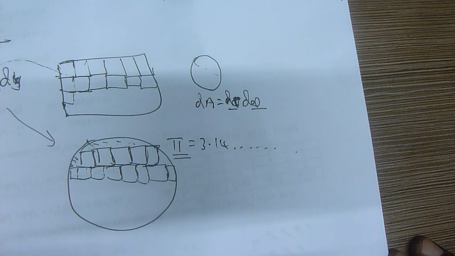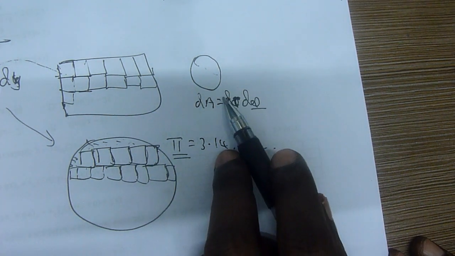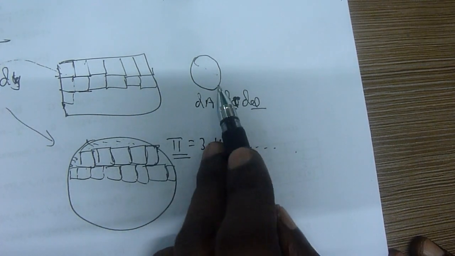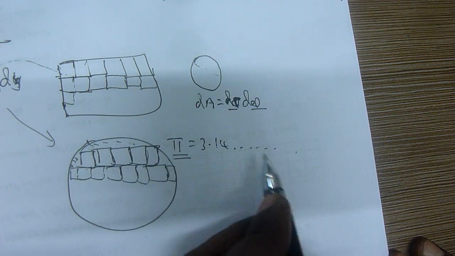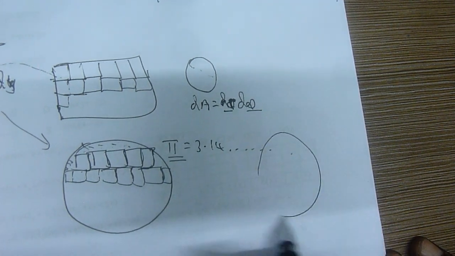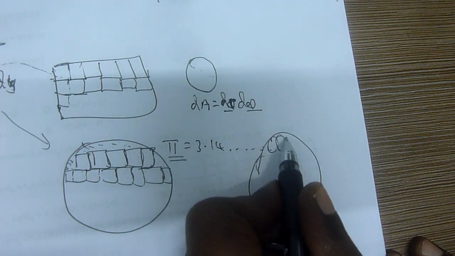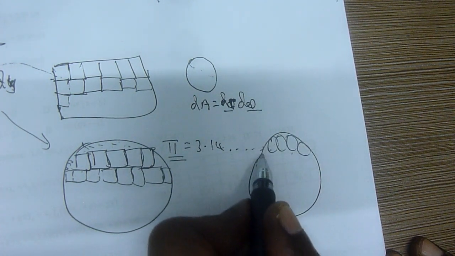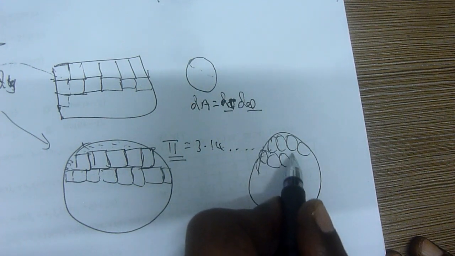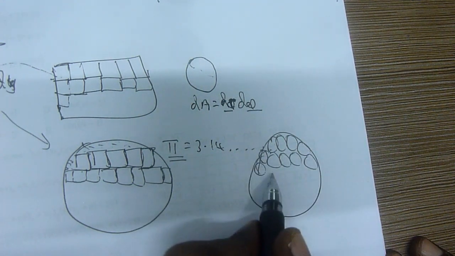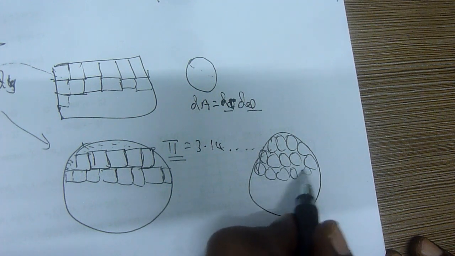When you start placing, especially with a circle, imagine you place the circle here, then at least you are getting a different accuracy. We are compromising again, but you are trying to place it.